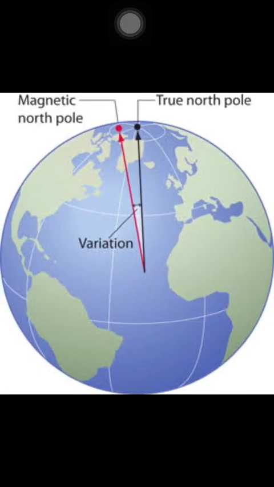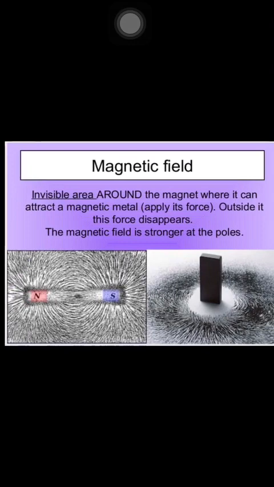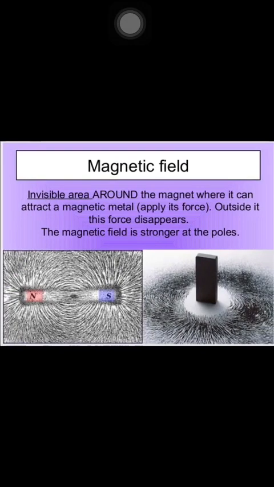Now the next one is about the magnetic field. So what is a magnetic field? Magnetic field is the invisible area around the magnet where it can attract a magnetic metal and apply its force; outside it this force disappears. The magnetic field is stronger at its pole.